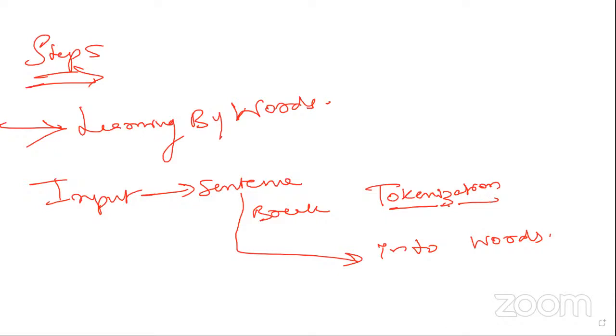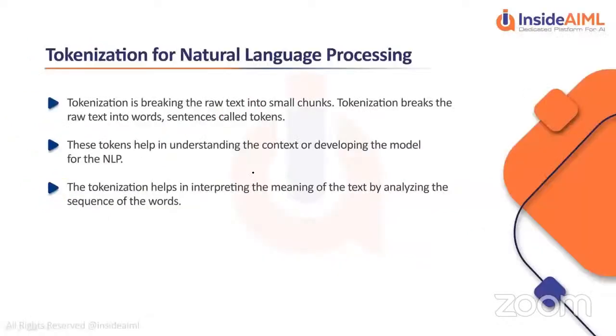I hope it's clear. Tokenization is breaking the raw text into small chunks. Tokenization breaks the raw text into words or sentences called tokens.